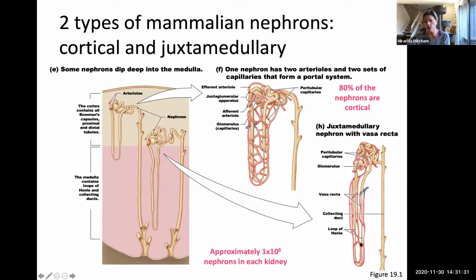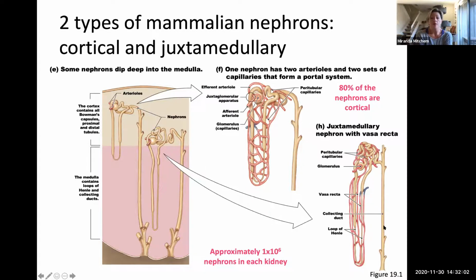It too is associated with the vasa recta, and both types of nephron drain into what is called the collecting duct, which then eventually feeds to the bladder. Multiple nephrons feed into the same collecting duct. So you can think of it as a merge back in to these common structures.